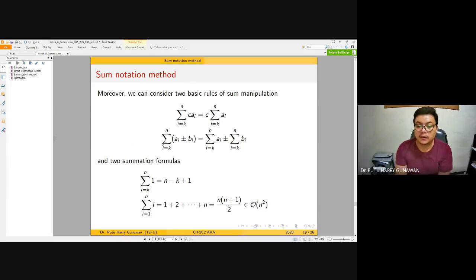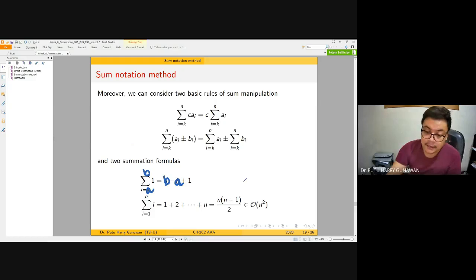Also, the sum is linear, so if there is addition or subtraction, we can divide it into two sums. And for instance, with a and b as the bounds, the count is b minus a plus 1. Or the sum of i from 1 to n, which is 1 plus 2 plus and so on plus n, is equal to n times n plus 1 over 2.